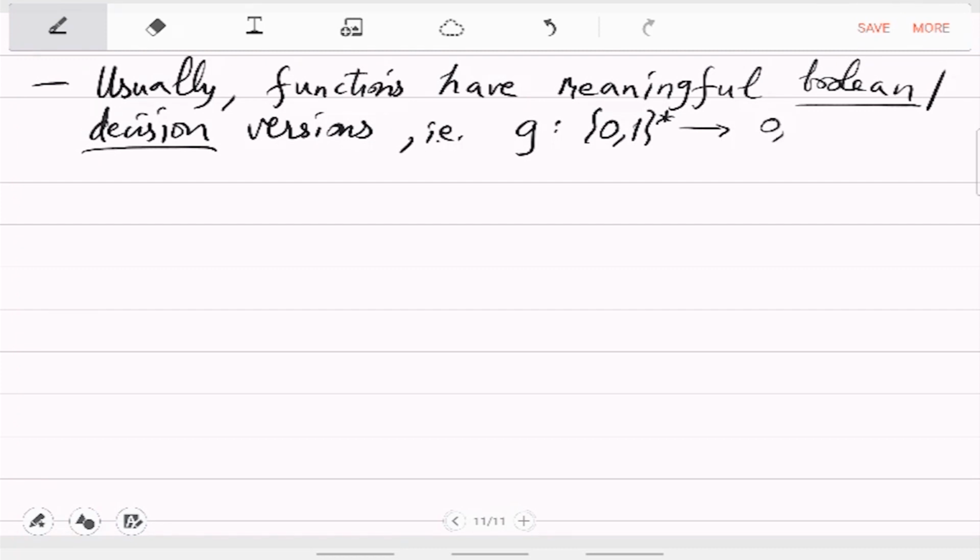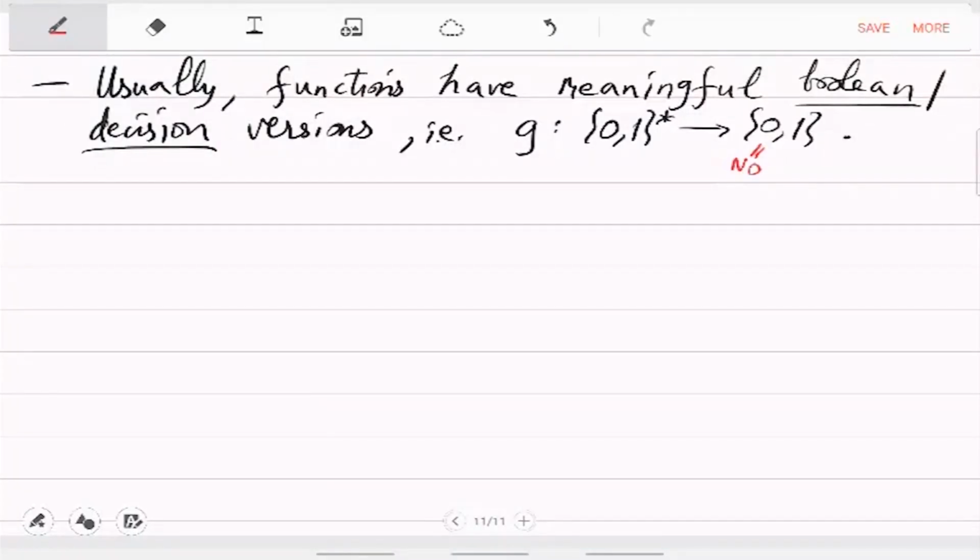Usually we think of this as yes, no. So decision problems, when I gave the overview, many problems were just decision problems, 1-bit answer. And functions can actually be reduced to meaningful decision problems. And that is what we'll use to define complexity classes in the next class.